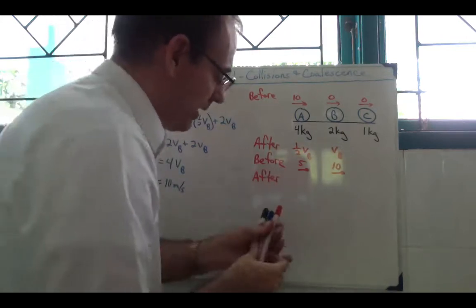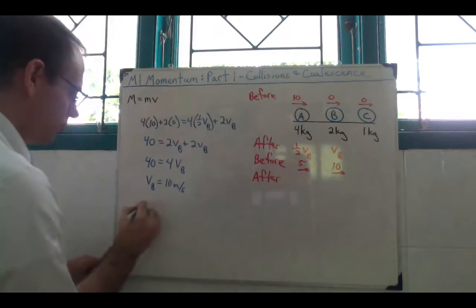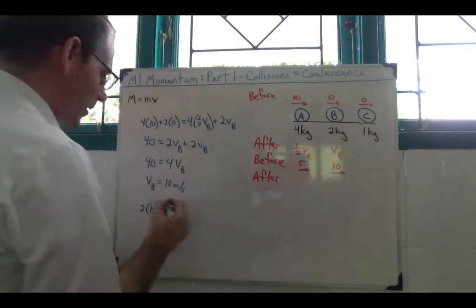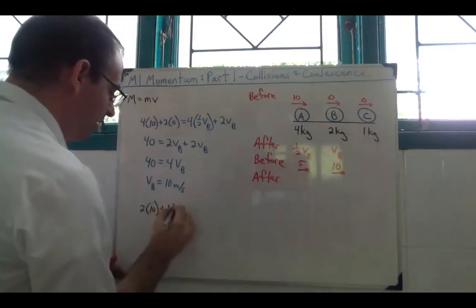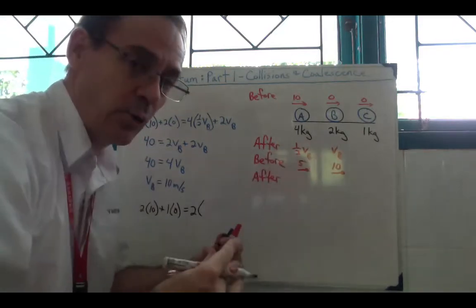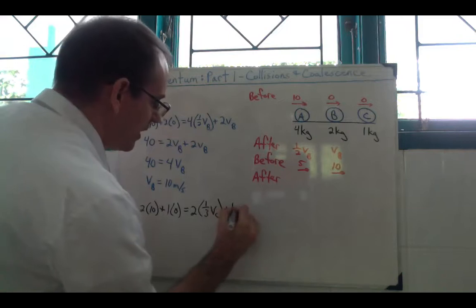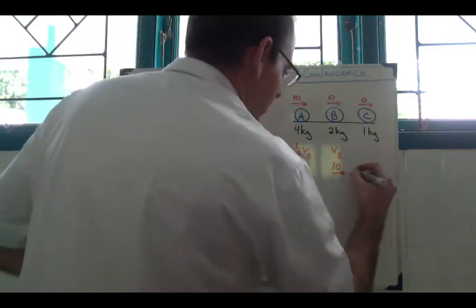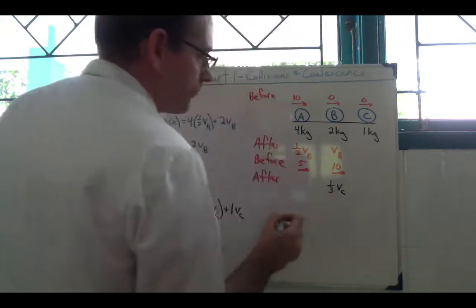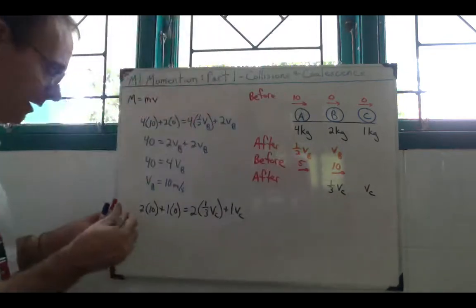So here we have B, which is now 10, so 2 times 10, mass times velocity, plus mass times velocity, 1 times 0, now equals 2 times, and it says that B is now 1/3 of the velocity of C. So 1/3 velocity of C, plus 1 times the velocity of C. So this will be the after part here.